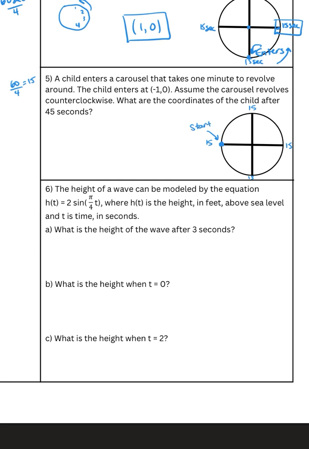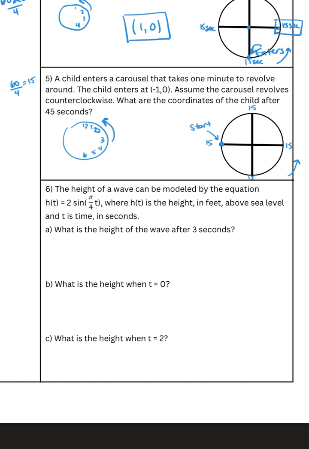Assume the carousel revolves counterclockwise. So if our clock, there we go. All right, goes counterclockwise, so we want to go that way. So we're revolving that way.